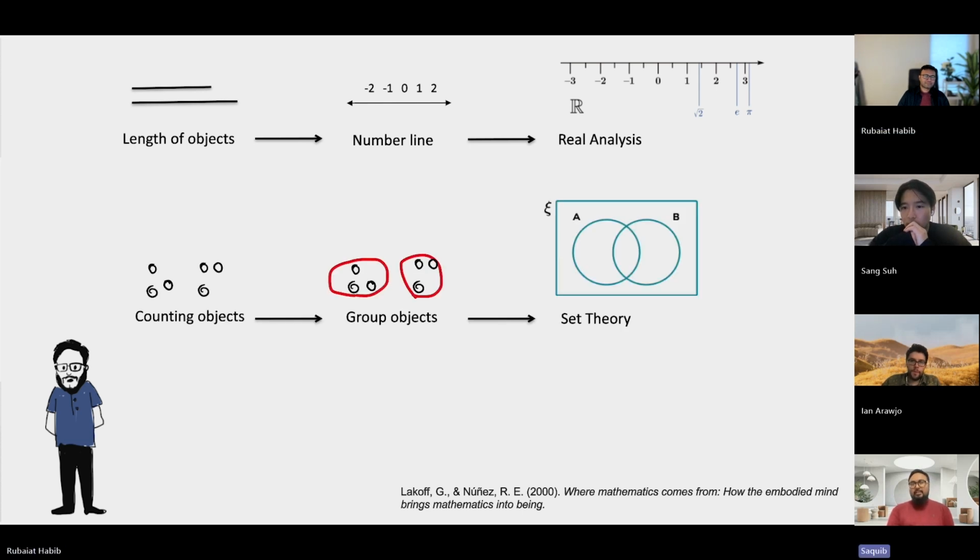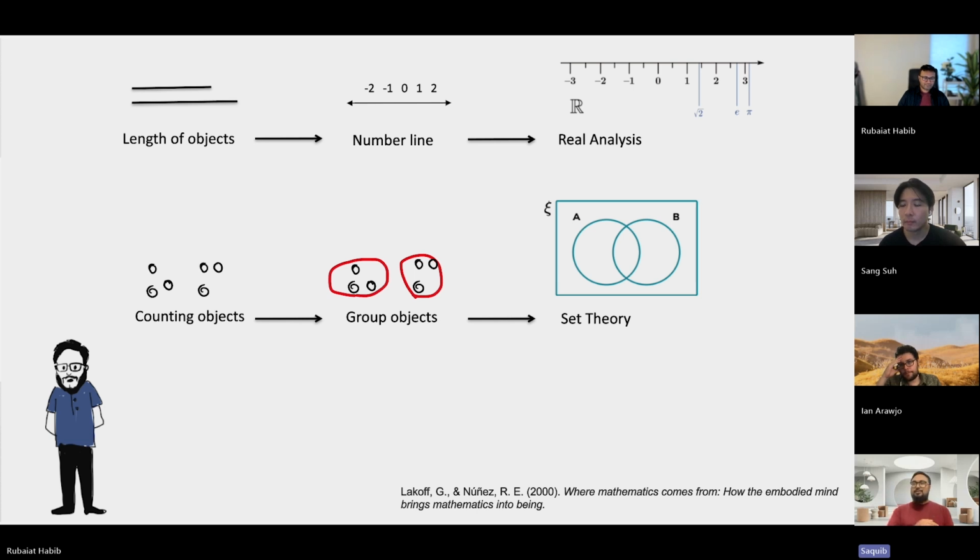Similarly, we are able to discriminate objects, which means we are able to count a small finite set of objects. And from there, based on grouping and counting, we invented set theory. So the important part for us to understand is building representations.